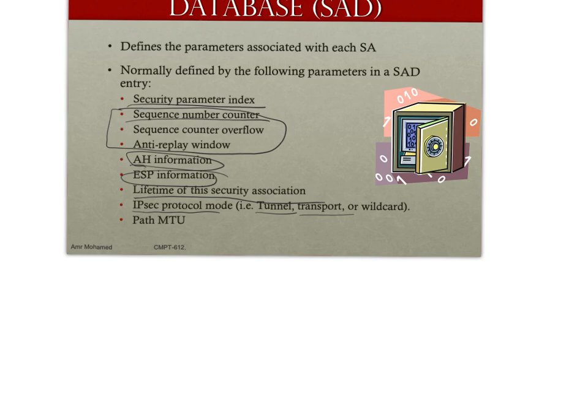Right. So we use that for fragmentation. For those of you who don't remember it exactly, if we have a router here, and the technology used here for network access is Ethernet, for Ethernet the maximum transmission unit is 1500.